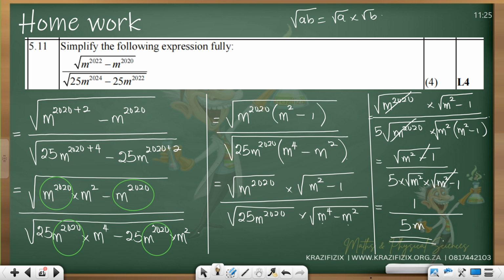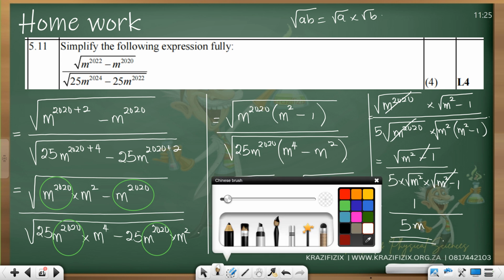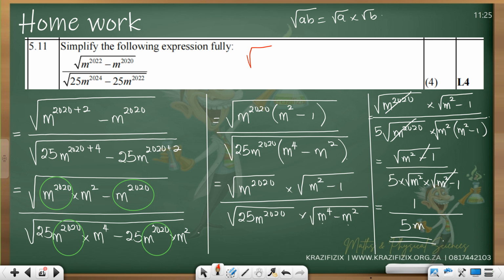I'm seeing thumbs up. Please give me thumbs up. How did you get rid of the root of m squared? All right, beautiful. The root of m squared is m. Let's quickly go through that. So if I have the root of m squared, it is basically saying m to the power of 2 times half.